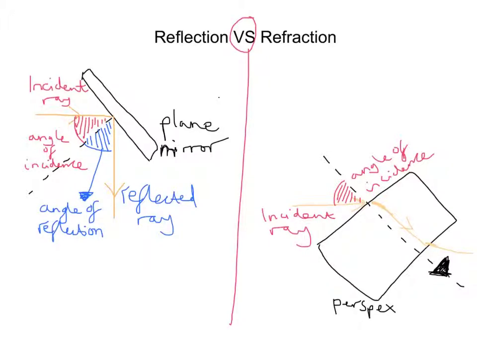We have this ray inside the perspex, and this would be our refracted ray, so not our reflected ray this time, our refracted ray. And now if we look at this angle here that I just shaded in blue, that there is now our angle of refraction.